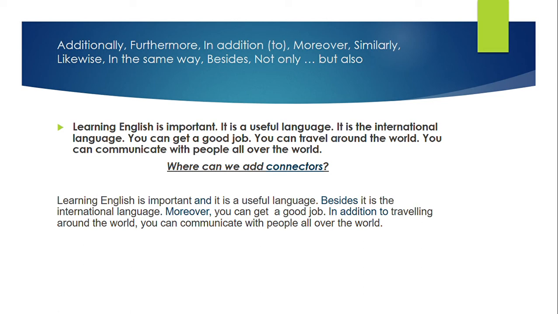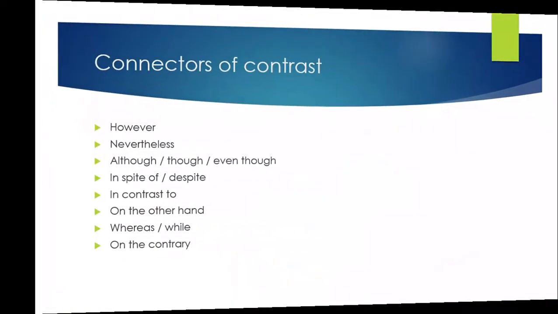So these are the usages of some connectors through which we add sentences to clear the ideas, views and opinions of the speaker. Additionally, furthermore, in addition to, moreover, similarly, likewise, in the same way, besides, not only but also.